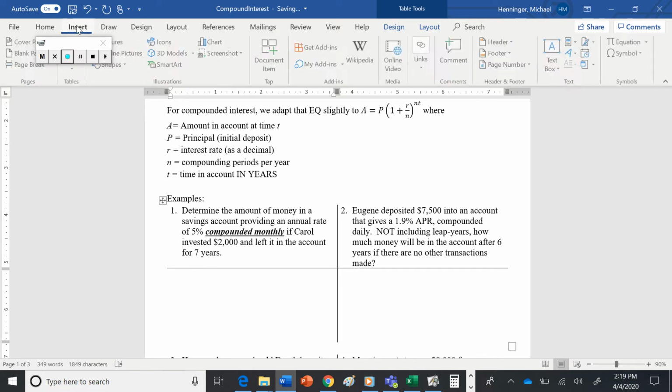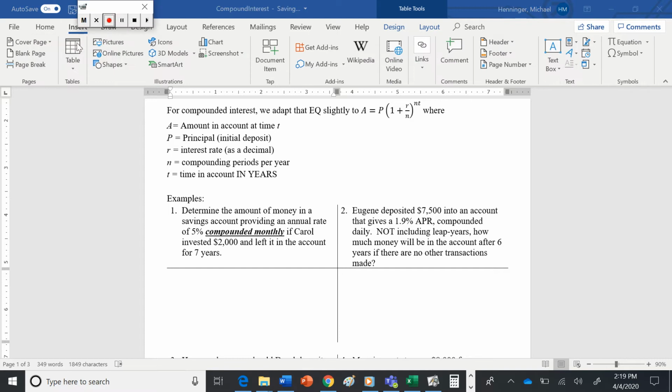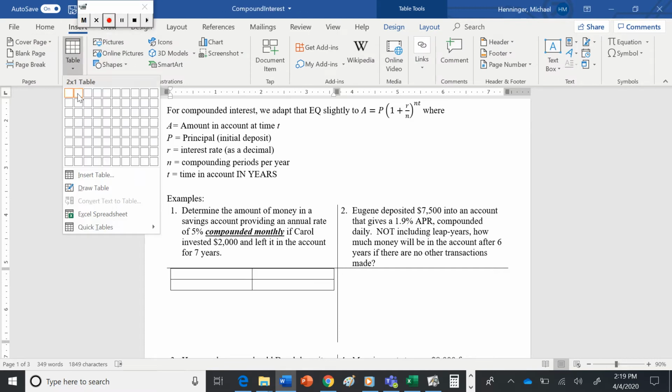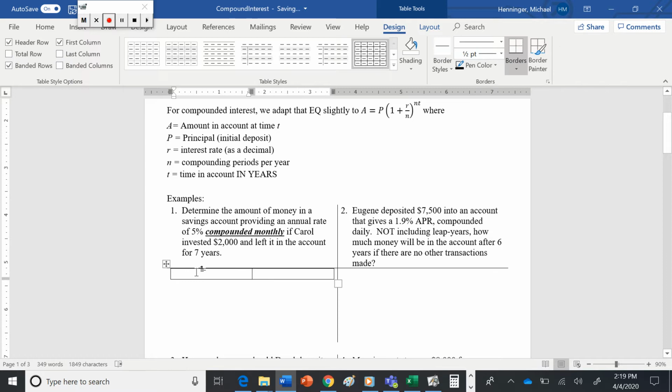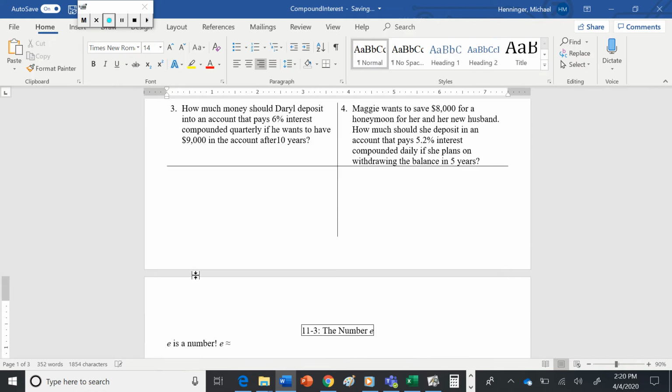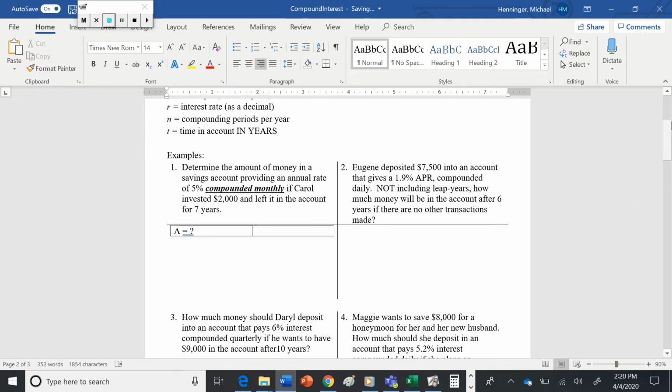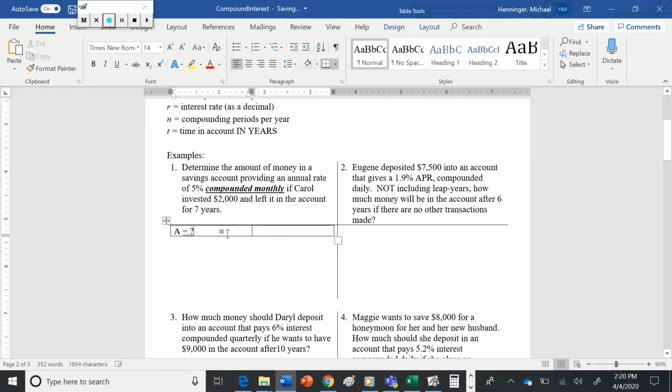First thing I'm going to do is insert a little table. Okay, and I'm going to say how much each of these things are. A is what we're trying to find. The principal is how much she started with, which was $2,000.